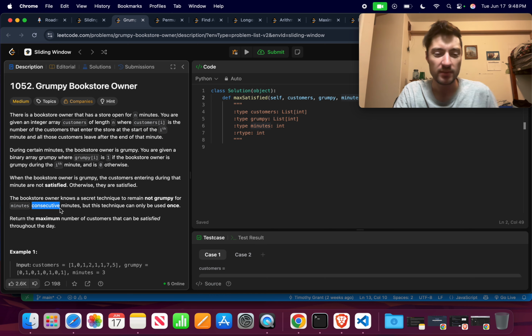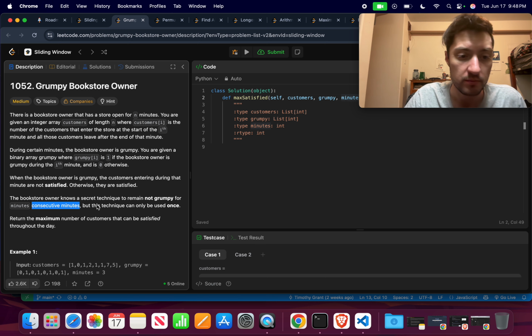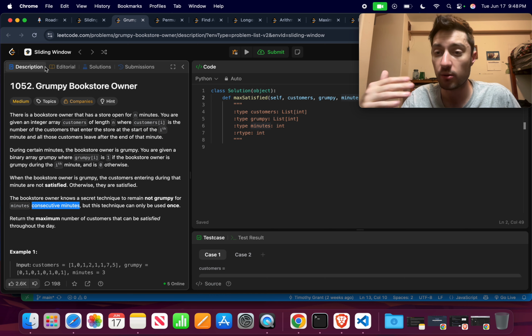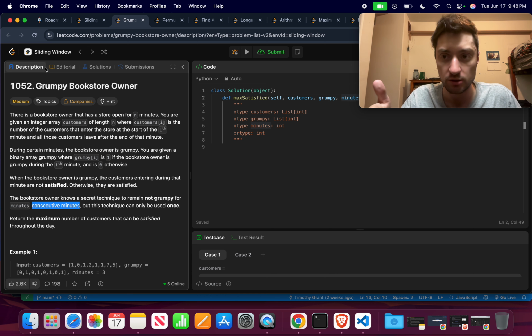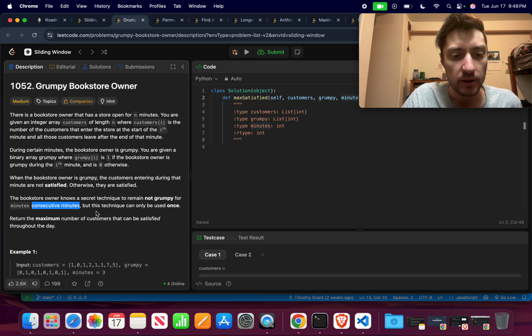So when I see consecutive minutes, that's another clue to me for sliding window. I'm just going over how I would have known this was sliding window if I hadn't purposefully clicked on that question. But this technique can only be used once. Return the maximum number of customers that can be satisfied throughout the day.